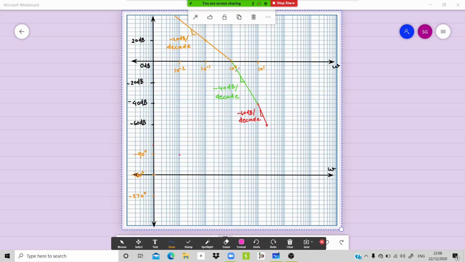For 10 raised to 0, it is 140. So what I said? Yeah, 4 divisions. 18 into 4, and plus 90. So how much is it coming out to be? 162. So this line is for 162.